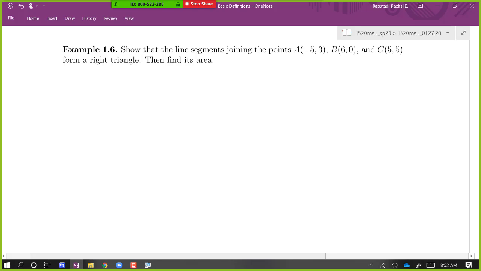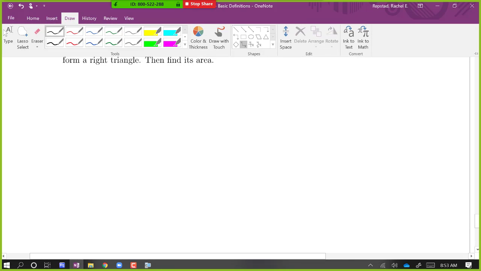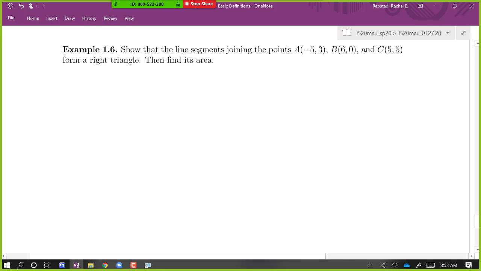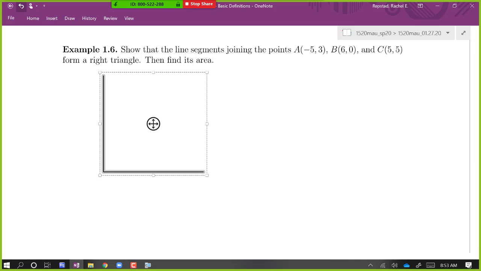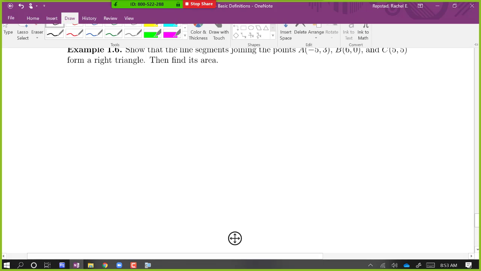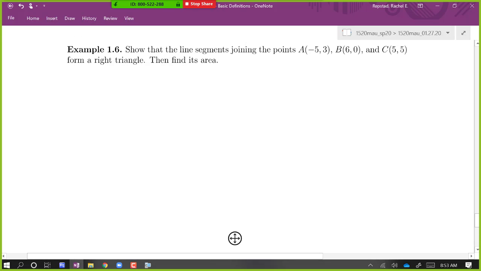So they give us geometric information, in this case, points. They don't give us algebraic information. They don't tell us, here's the equation of some line or some lines. They just give us this geometric information and ask us to figure some stuff out. So when I'm doing a problem where they give me geometric information to start with, usually I start by just plotting the information.